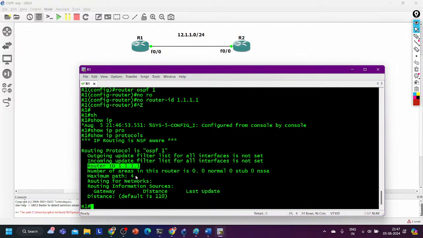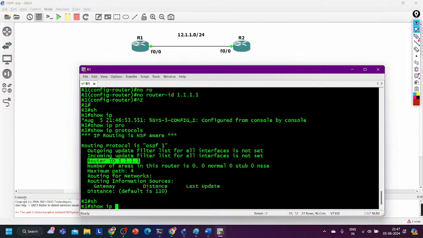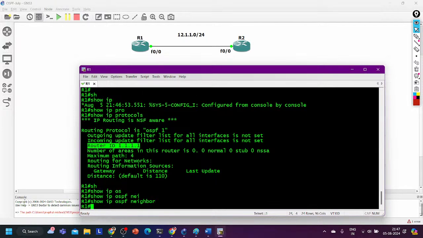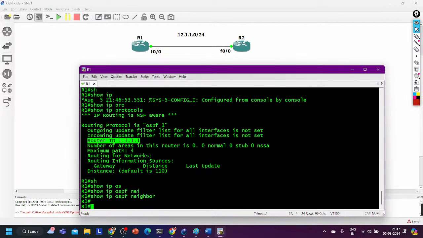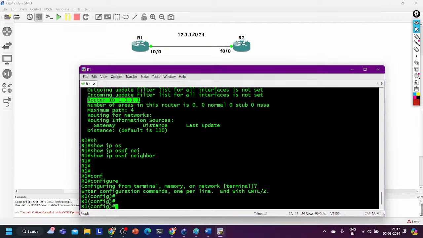So once the router elects one IP address as a router ID, you cannot change it, and you cannot remove it. Now I am able to change the router ID. Reason: router 1 doesn't have any neighbor, so show IP OSPF neighbor, no neighbor. Right? Now let me configure the scenario.